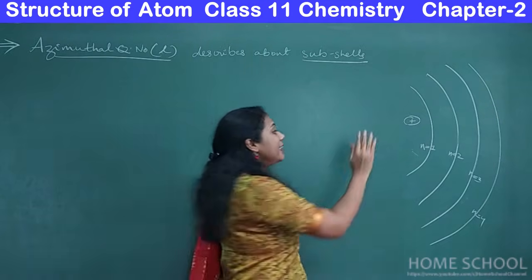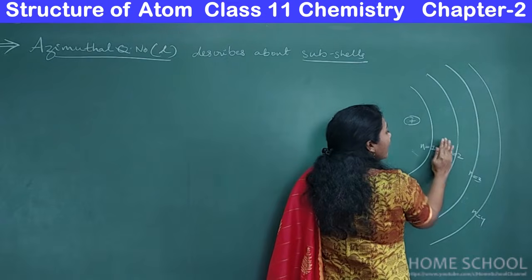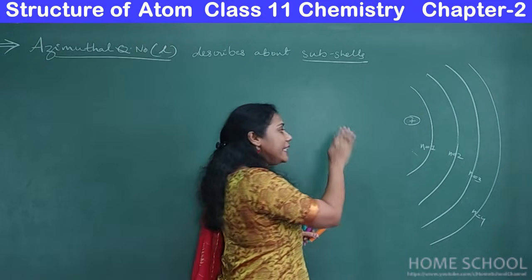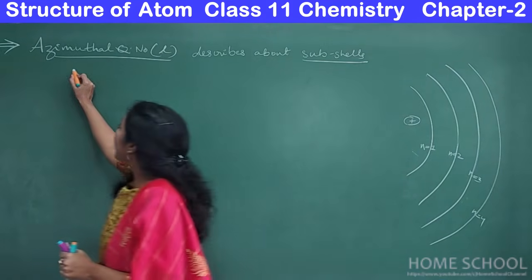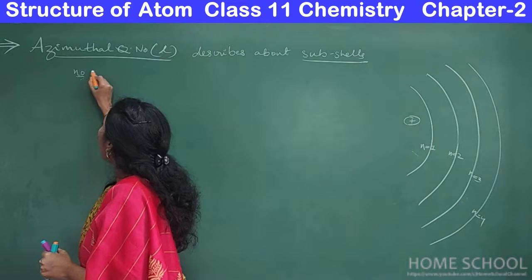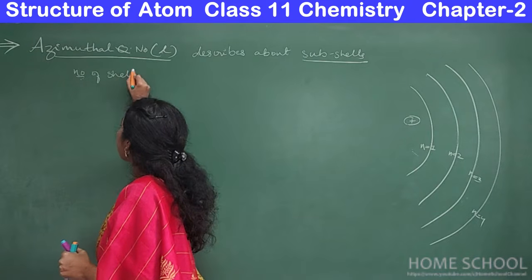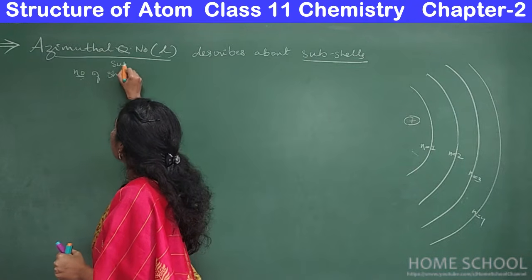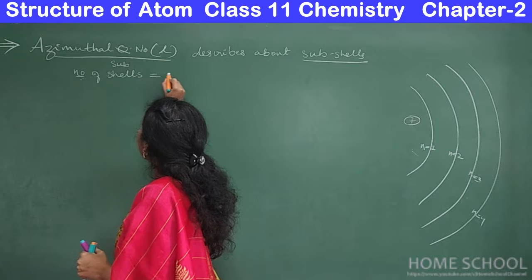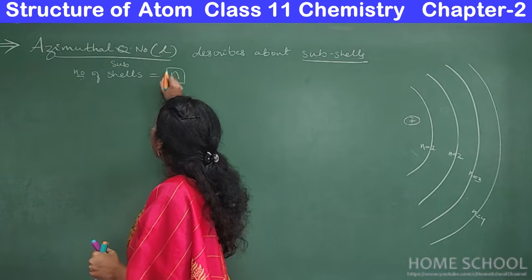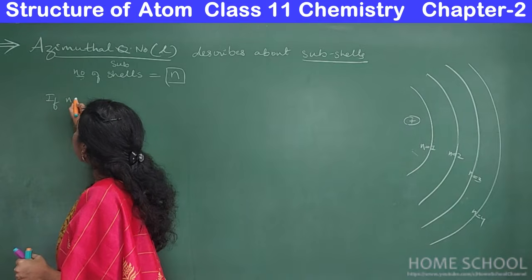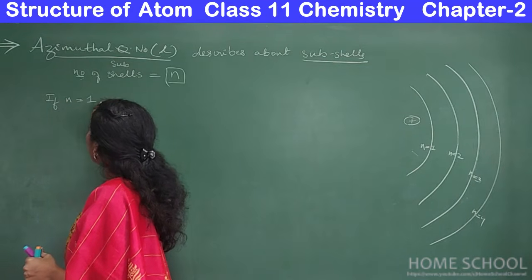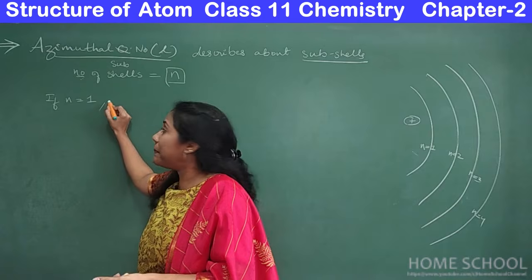Like that, in every shell we have to know how many subshells are there. Usually the number of subshells is equal to n. I mean, if n is equal to 1, how many subshells are present?